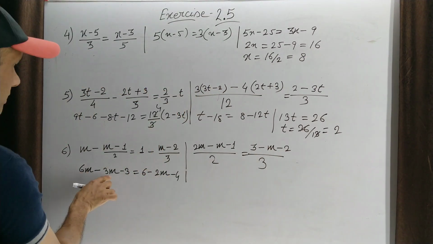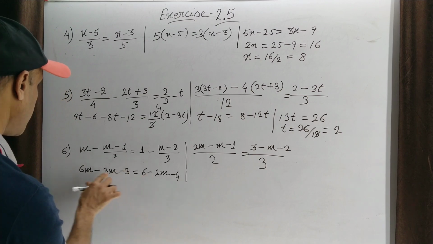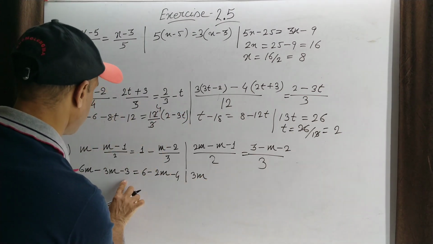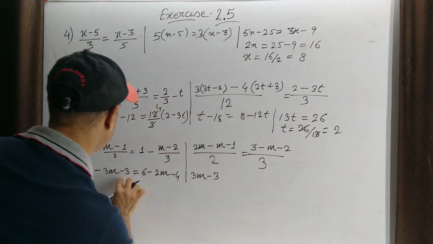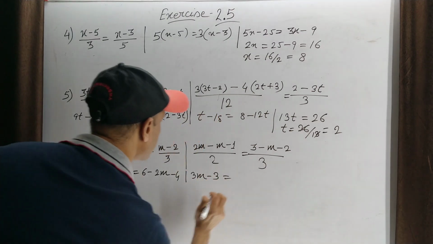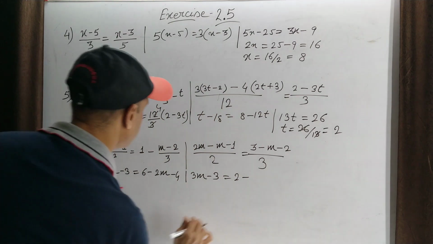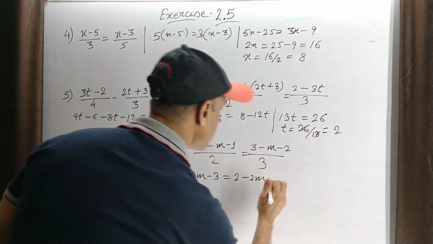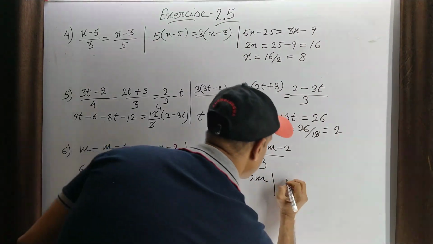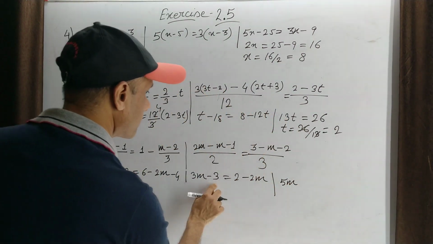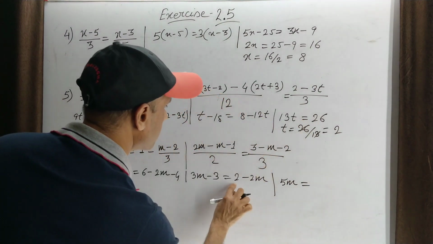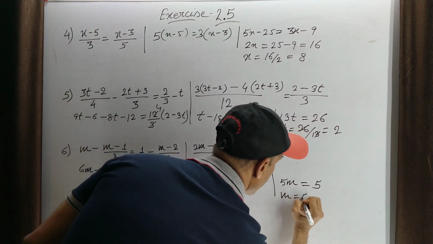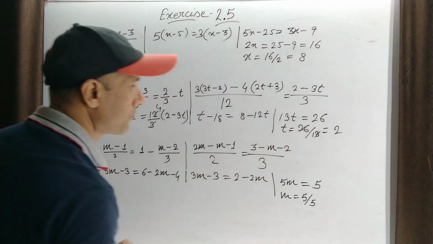So this becomes 3m minus 3 is equal to 2 minus 2m. Moving m this side, this will become 5m, and the 3 moves here, we get 5.